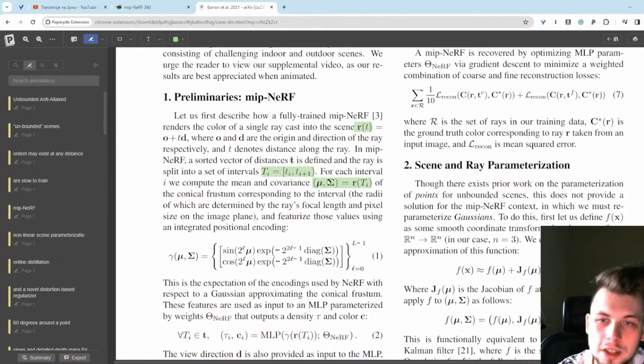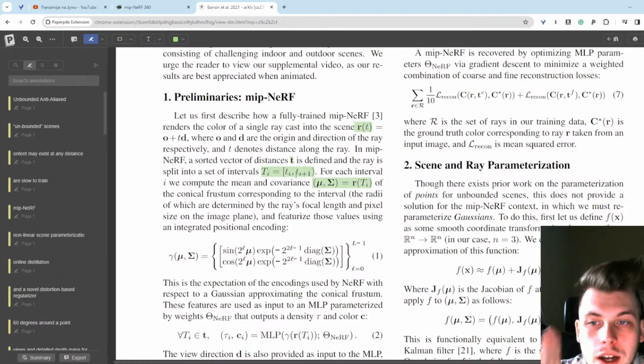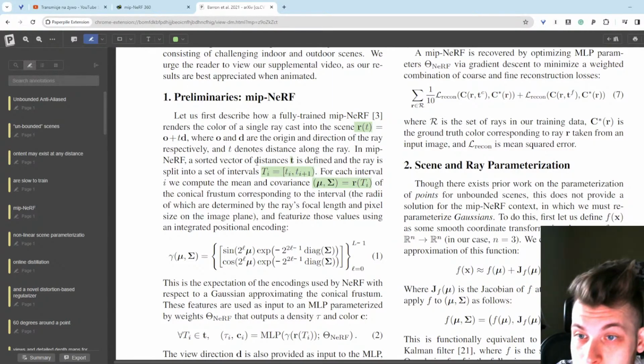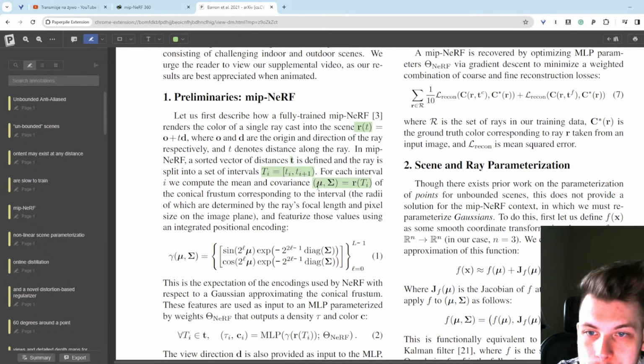So these are basically the mean vectors and covariance matrices for all these Gaussians along the different spaces from t_i to t_{i+1} defined in this vector of distances, right? So we'll have this mean and covariance matrix for all of these 3D Gaussians.